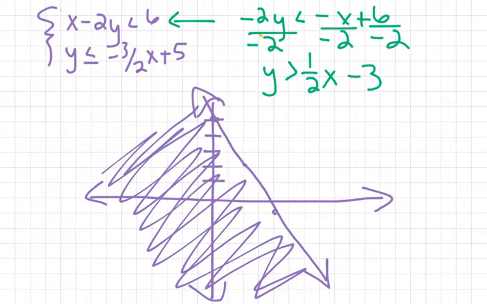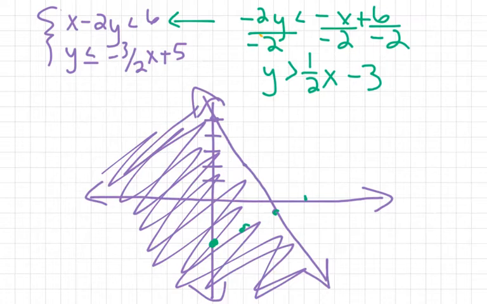Let's take a look at our second. I have a y-intercept of negative 3. So I'm going to go down 3, start there, and it looks like I have a positive slope of 1/2. So up 1 to the right 2, up 1 to the right 2, up 1 to the right 2.